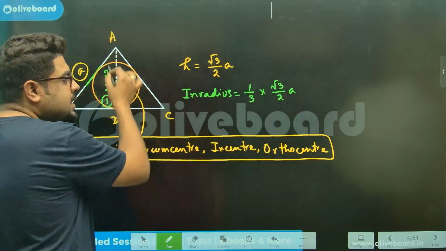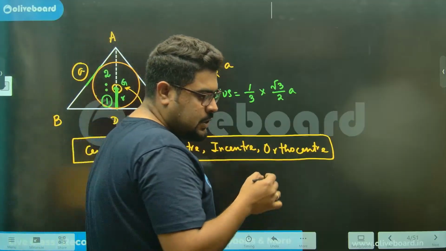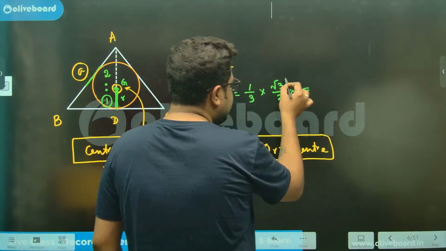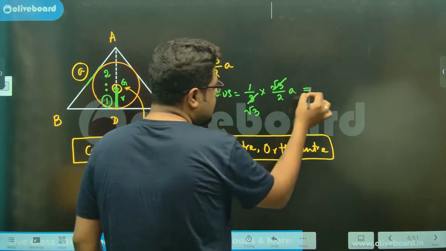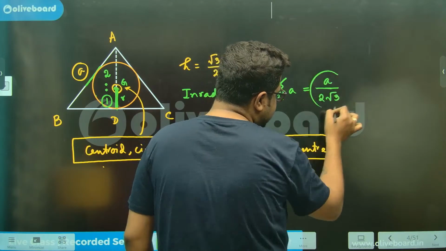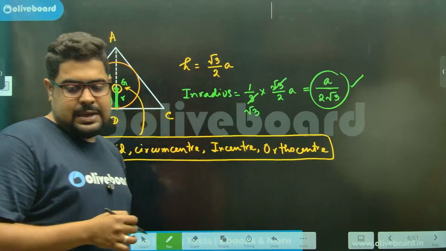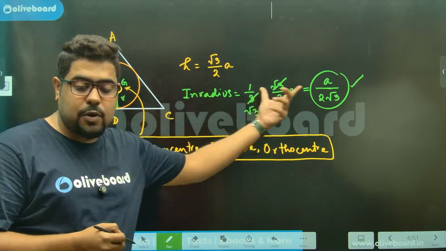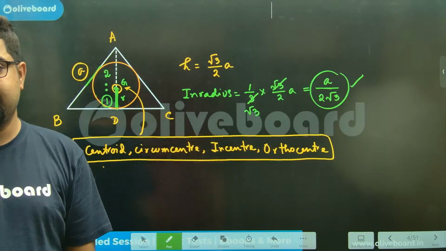Because the total is √3 by 2 into A, that is height, the inradius comes out to be A by 2√3. Please remember, this is the formula for the inradius of any equilateral triangle.